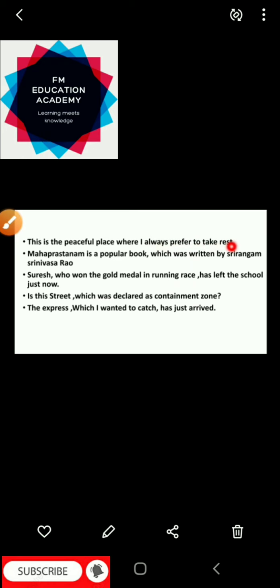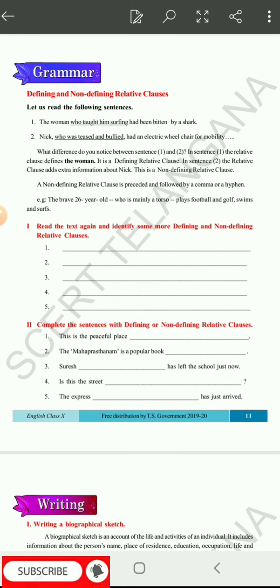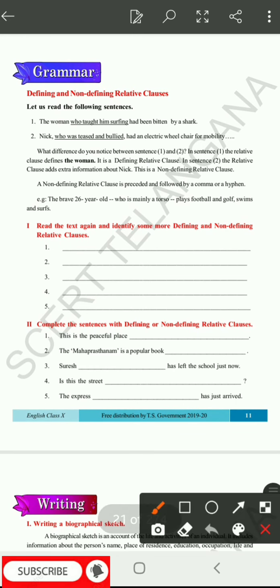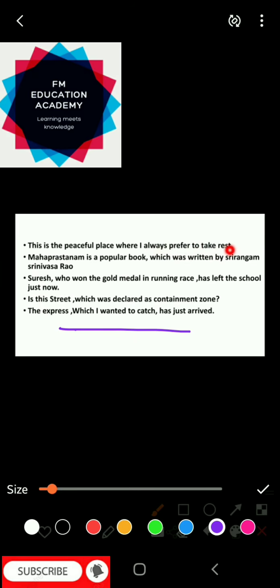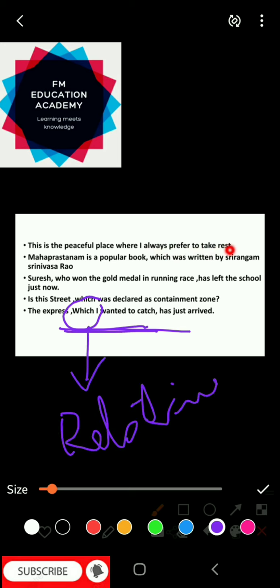Coming to the last question, here it is saying the express dash has just arrived. Here, as we have to say about the blank, the express dash has just arrived. So the express which I wanted to catch. We know that which, who, these are called relative pronouns, which are used to connect the nouns.